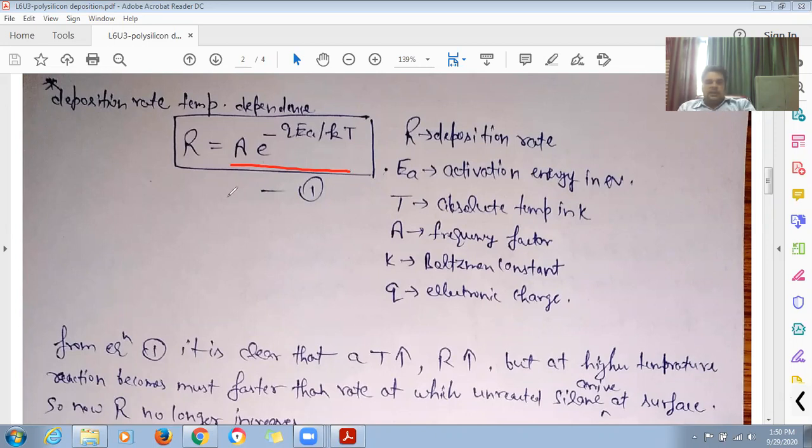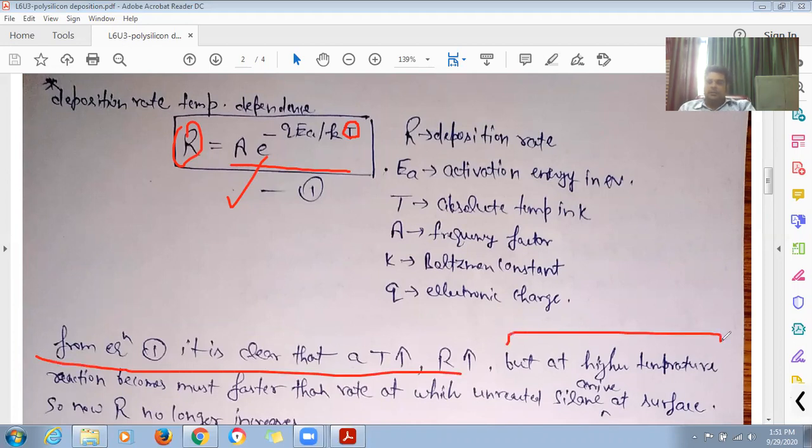It is clearly seen from the formula that as we increase the temperature, the deposition rate will increase. But let us consider the condition at higher temperature. As the temperature becomes higher, the reaction rate becomes much faster.